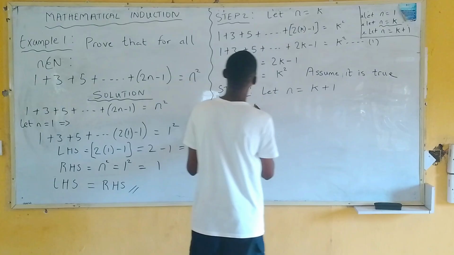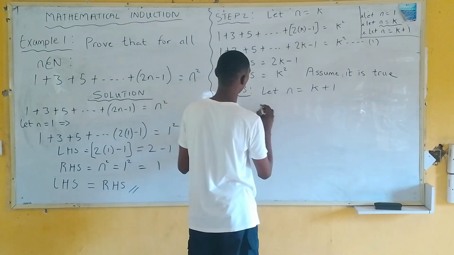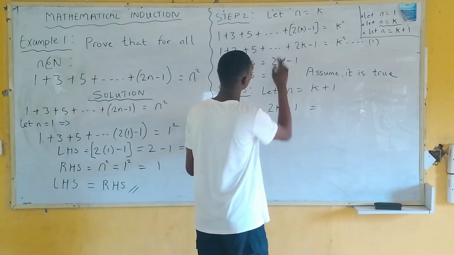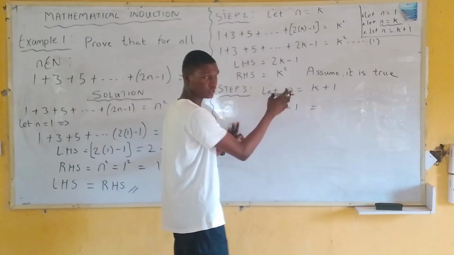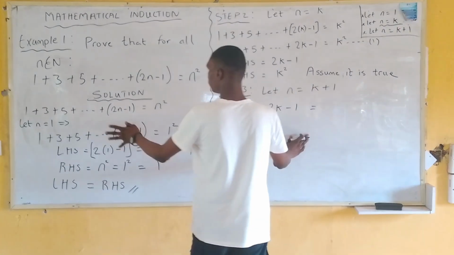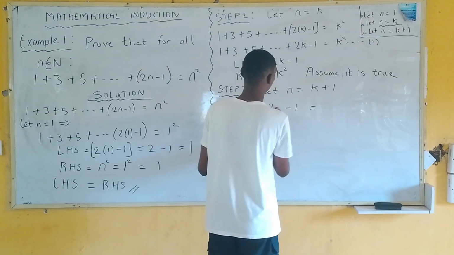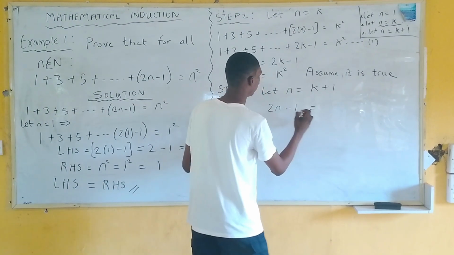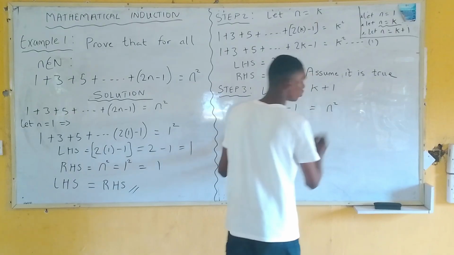So for this one now, our left hand side is 2k minus 1, all right? You can ignore all this. Sorry, from here, since we are saying n is equal to k plus 1, we have 2n minus 1 equal to n squared, all right?